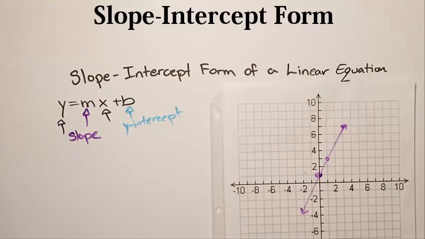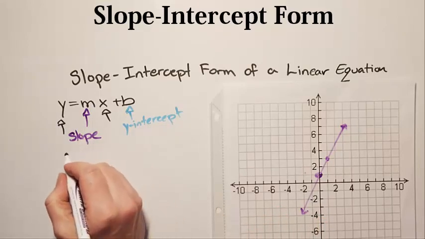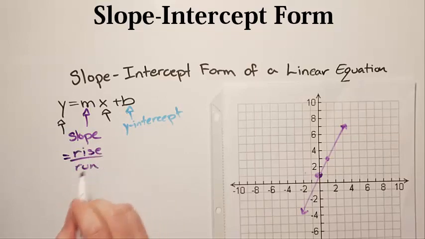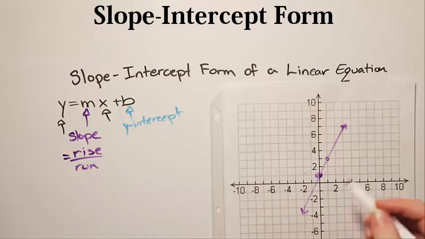So they still want us to find the slope-intercept form of the line, but this time they don't tell us the slope and they don't tell us the y-intercept. This time they give us the graph and we need to find what that information is. So the slope is how we move across the line, and if you remember the slope formula, it was rise over run. I need to start at a point and see how I move across. Well, I see 2 points.